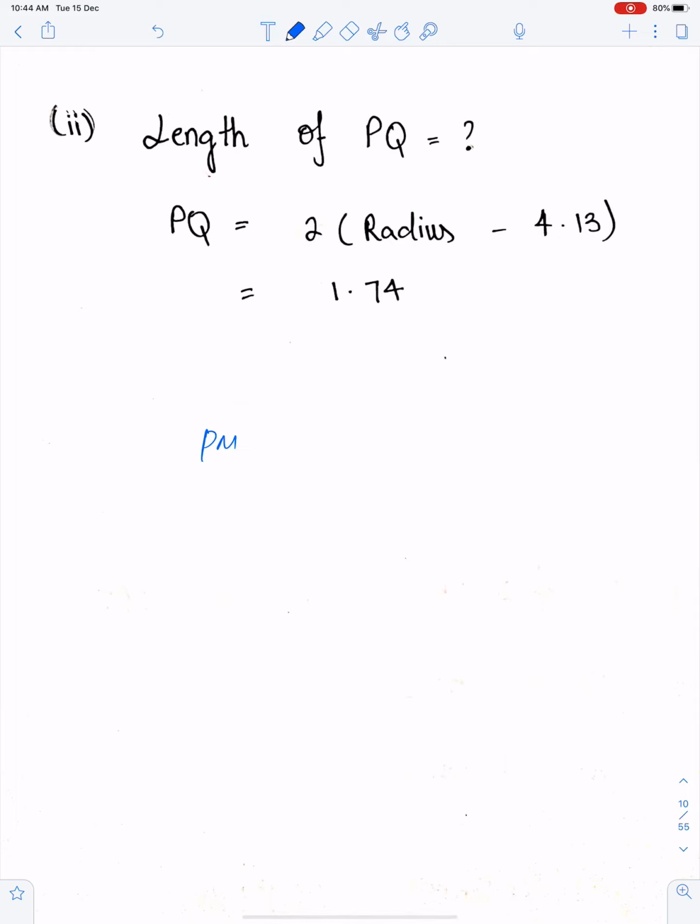Therefore, PM will be 5 minus 4.13. We need PQ, and PQ is twice PM. So twice of 5 minus 4.13 will give you the answer, which is 1.74.